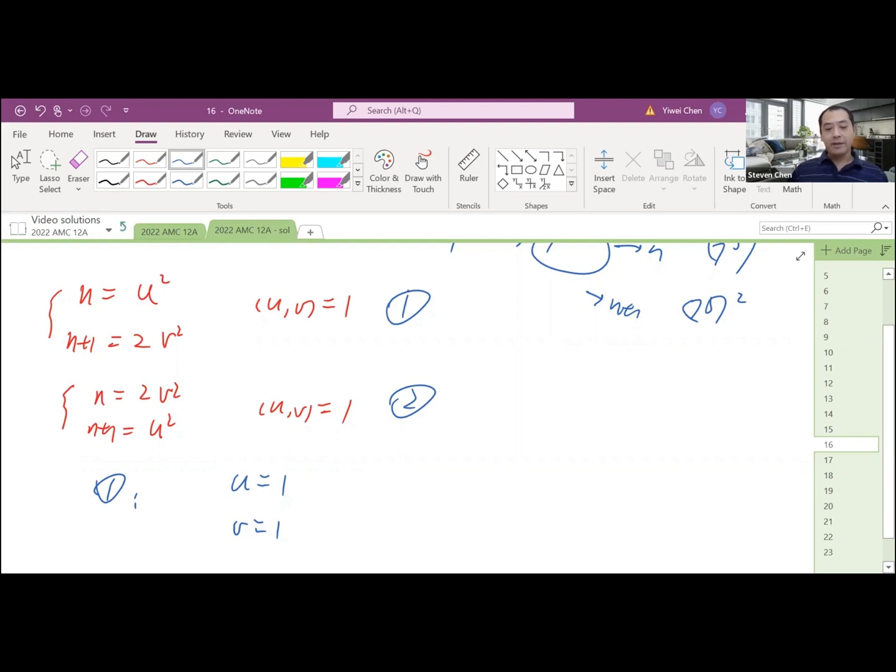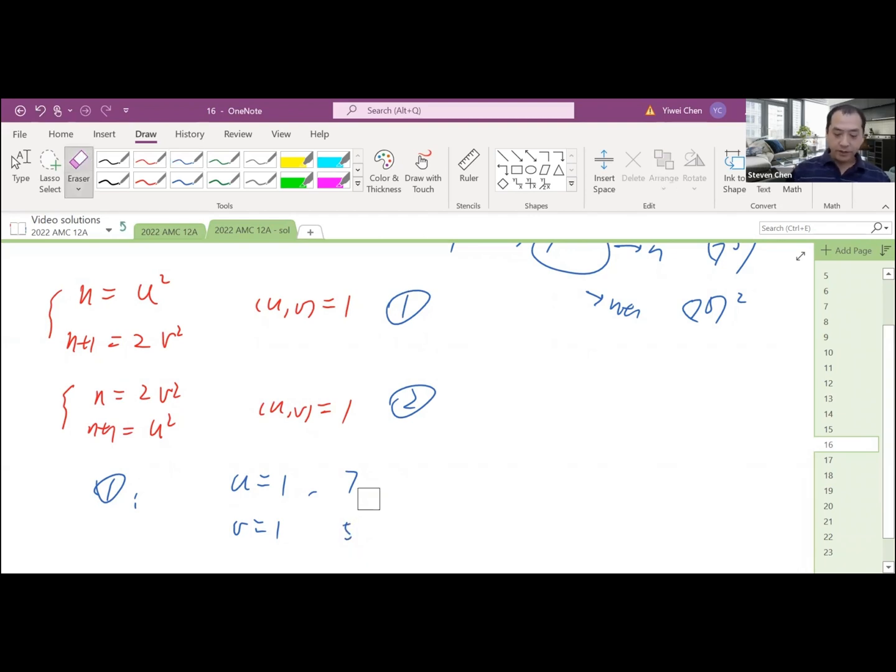Then n is 9, n plus 1 is 10. No, v is not a perfect square, it's not good. What about u equal to 5? So n plus 1 is 26. No. And what about 7? If u is 7, then n is 49, n plus 1 is 50, which is equal to 2 times 25, so v is 5 squared.